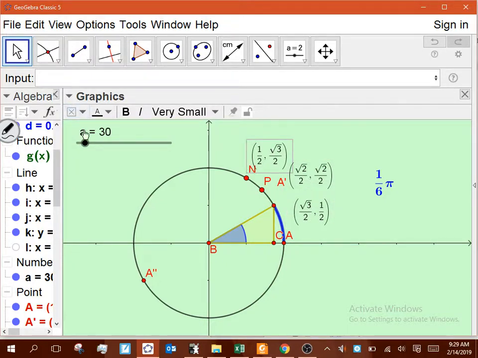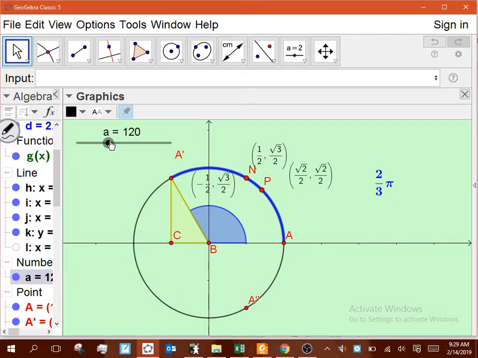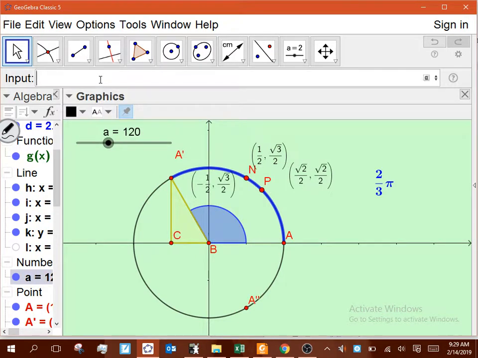So those are the ordered pairs that get associated with those angles, okay, those triangles. And let me actually put in another one. Let's put in Q equals radical 3 over 2, 1/2.